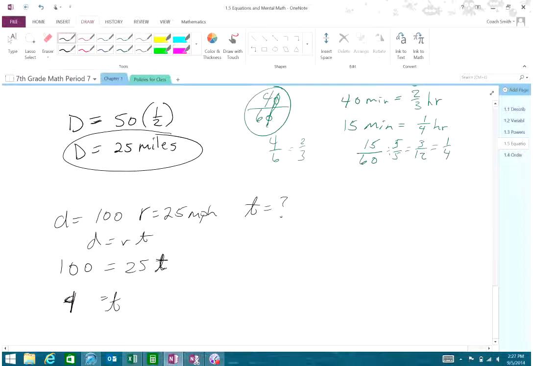And is that hours? Yes, it is hours because of that symbol right there. So it took them 4 hours to go 100 miles at 25 miles per hour. Okay? That's how you use mental math in solving.